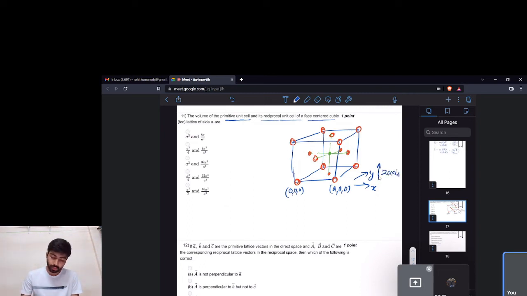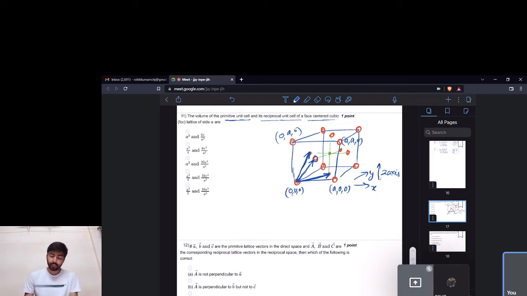This would become 0 A 0. This would become A and 0. Fine. So if I take this atom and take out this vector, take this one at the lower face and at the side one.